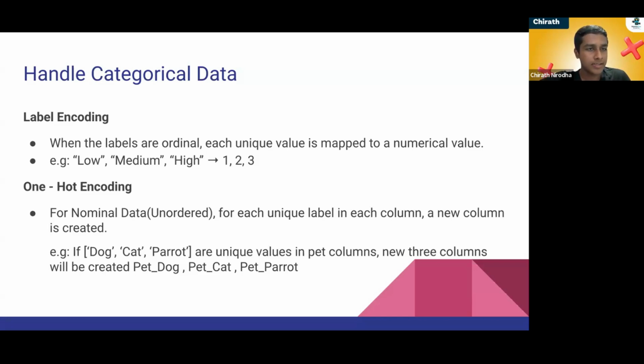For categorical data sets, we have two encoding methods. One is label encoding. The other one is one-hot encoding. Let's consider a column, and there can be a lot of unique values. If these unique values have an order, like in the example, low, medium, and high, we can map those three values to 1, 2, 3.